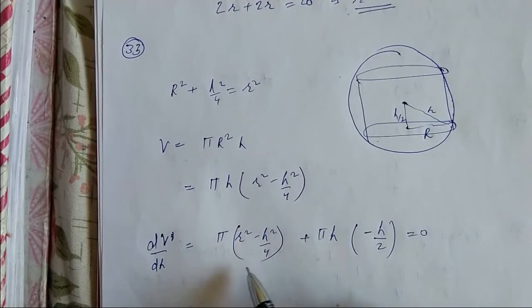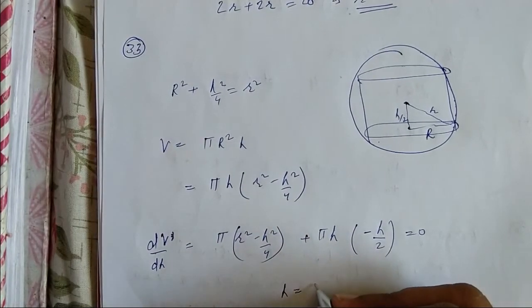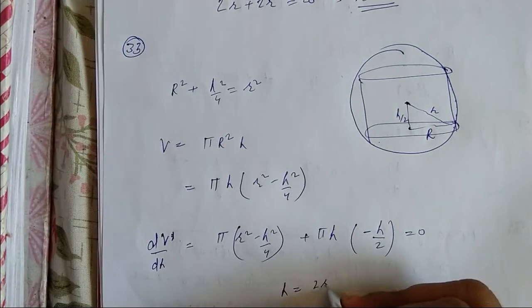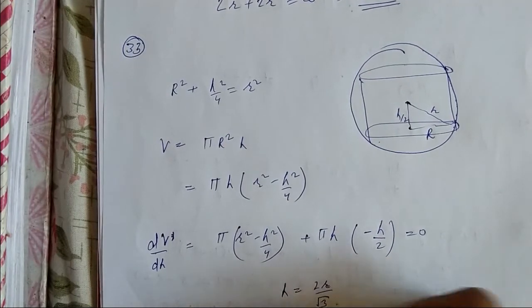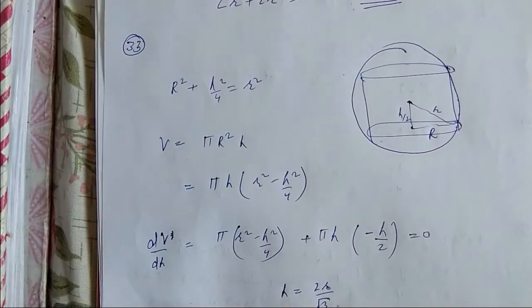Hence from this equation we can calculate h as 2r by root 3. Yeah, this should be okay. Moving on to next question, question number 34.